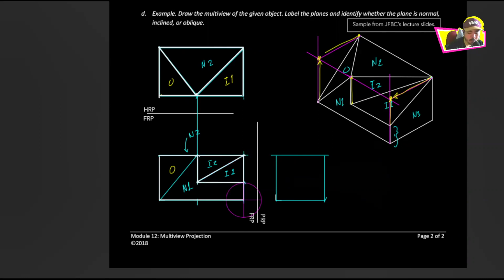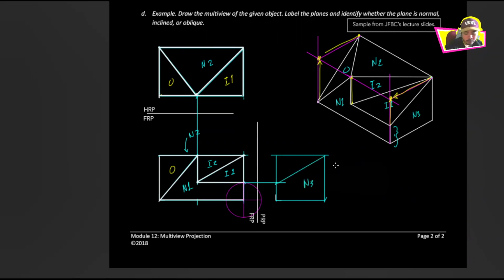Ay, meron pa pala. Isa pa. Okay. Now let's try to draw the last one. Ito siya. Oh. This is the location, and if I connect this one with this one, automatic N3 na to.